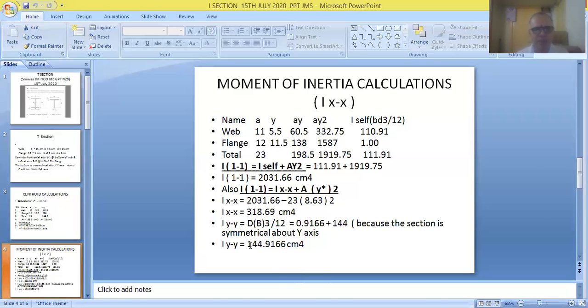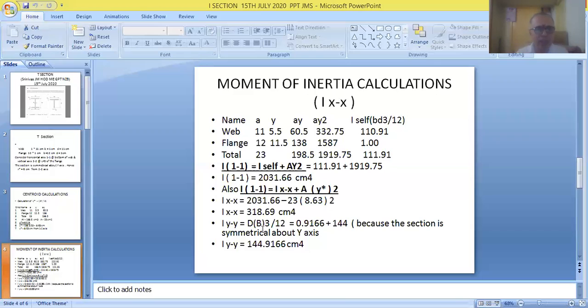Now friends, this section, as written in this line, is symmetrical about the y-axis. So take the individual I values of all the components and add up these values. Simply you will be getting the value of IYY. It is written as sigma db cube by 12.